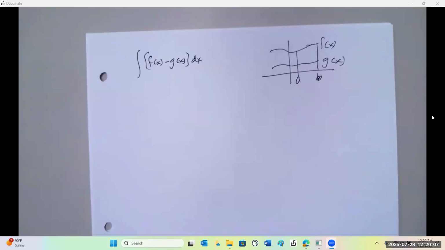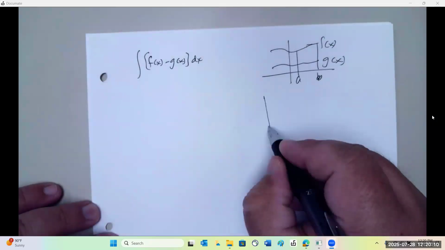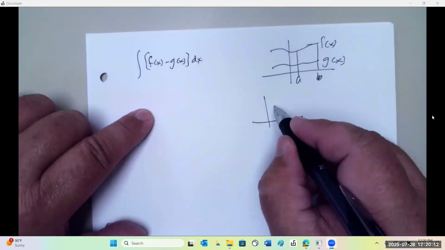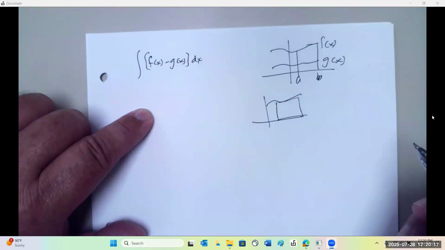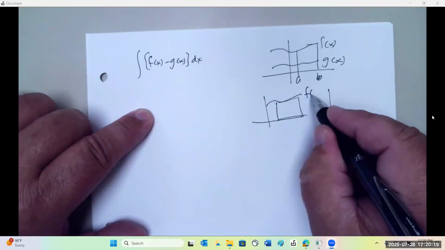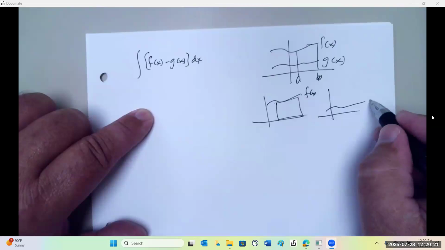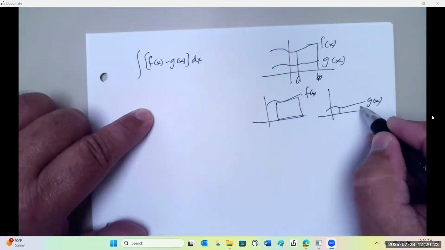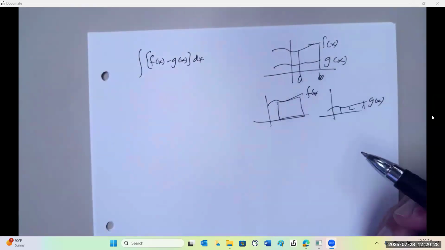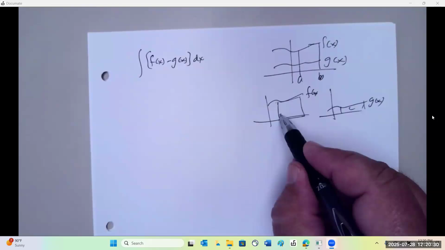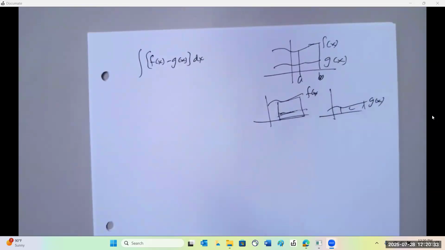Exactly. Beautiful. Yes. Because the integral of f of x would find this whole area from the function down to the x-axis. This is f of x. And then the g of x would find the area underneath it. So to find the area between them, we have to subtract them. So we have to chop off this area here. So yes, it worked no matter what. It's easier to see if f is positive, g is negative. It makes it much easier to visualize it.